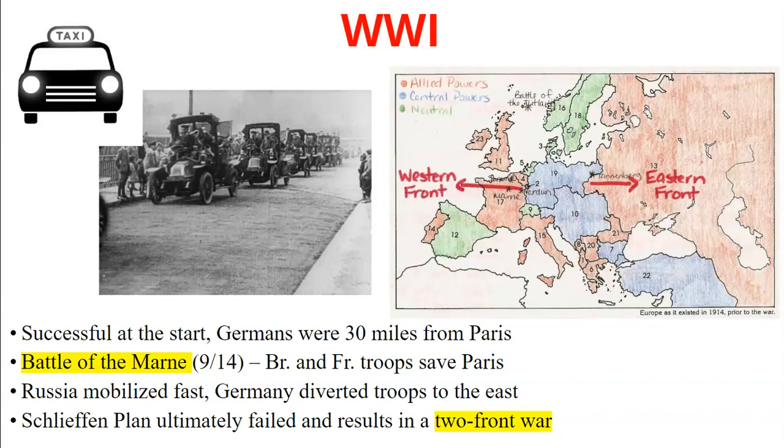Here's the issue. Schlieffen thought it would take Russia six weeks to mobilize. He assumed that Britain wouldn't even step in, but they did because they wanted to help Belgium. It's just how it works. Russia wants to help Serbs, Britain wants to help Belgium. The plan ultimately fails, and of course it results in a two-front war.